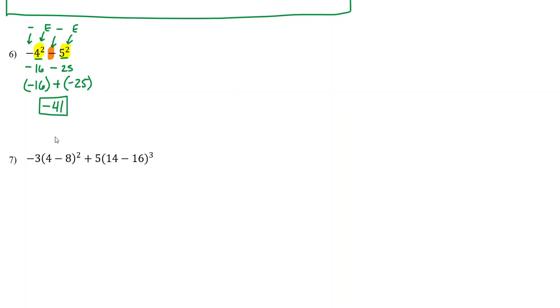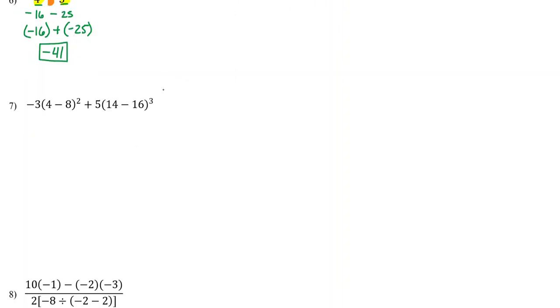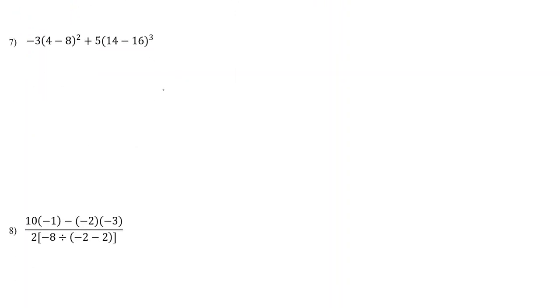Whenever you have more than one operation, you have to think about which one should I do first. But of course, since we are practicing hard stuff here, we're going to give you some problems where you have a whole bunch of operations.